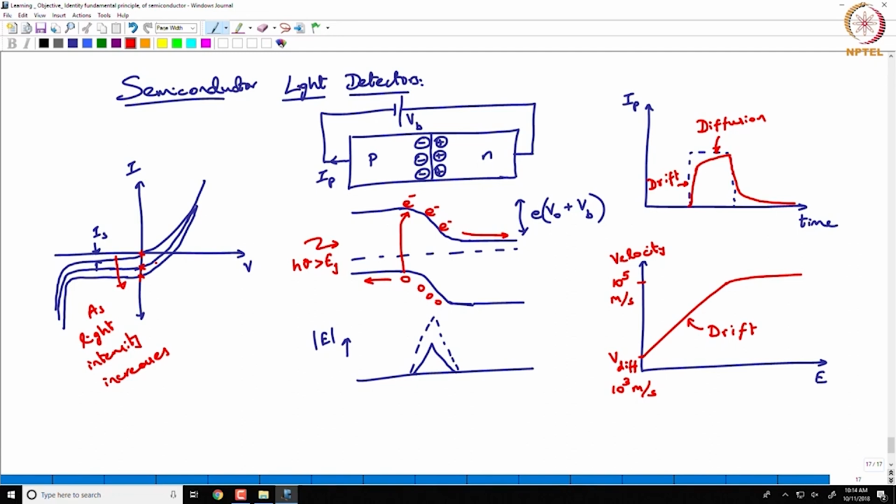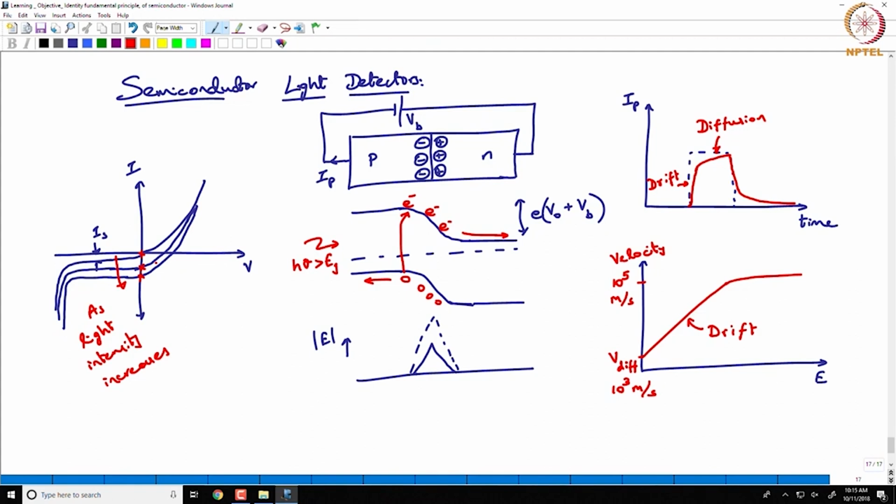You do not need any bias just to generate the photocurrent itself, right. Photocurrent is generated just by the simple principle that if your light energy is greater than the band gap energy, it is going to generate electron hole pairs, and those electron hole pairs are going to diffuse across and find their way to the external circuit. So, even without bias, as you increase your light intensity, you are still going to get a photocurrent.